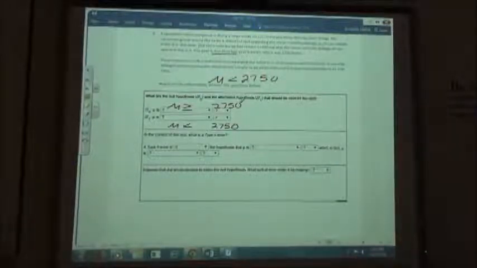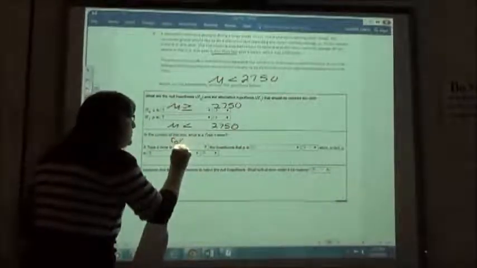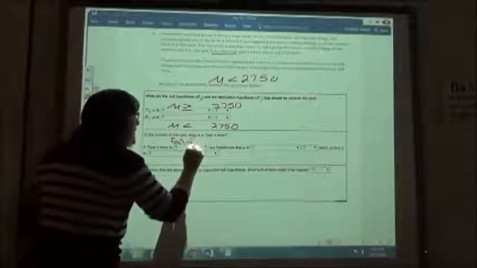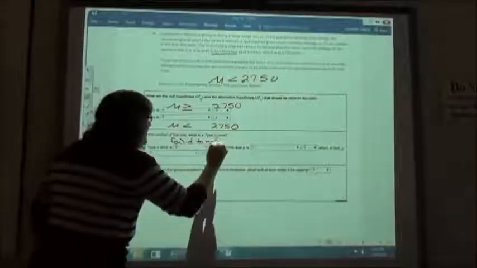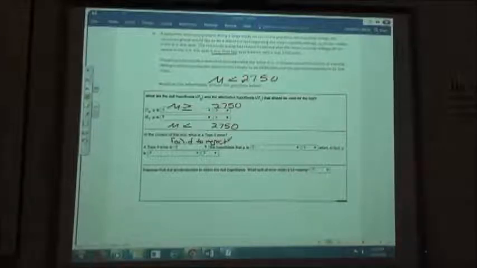So this time we're going to do a type 2 error. A type 2 error, we failed to reject. Right? If it's a type 2 error, we failed to reject the null.